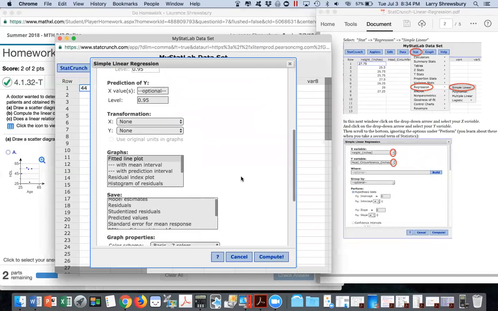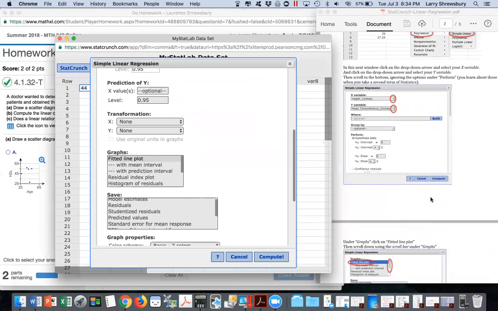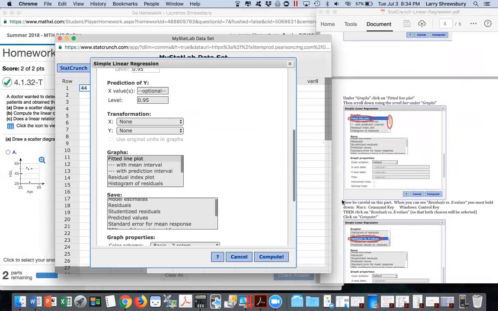All we're going to do, as explained here, is under Graphs, click on the fitted line plot. When you get to chapter 4.3, it's also going to have you do the residuals versus this. So you'd hold down the Command key on a Mac or the Control key on Windows and click this, so that both of these are selected.